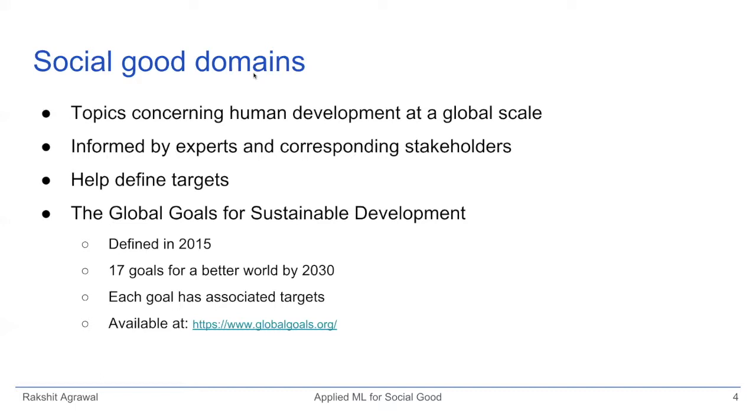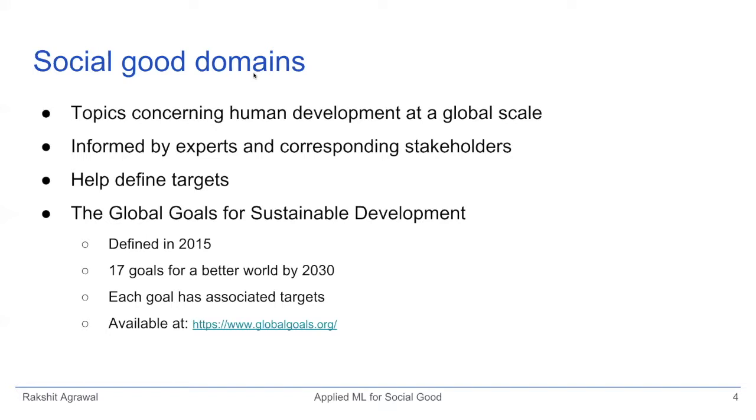Now, social good domains, as I said, there's a wide and open space across several domains, and it's not really easy to just identify a problem which you can claim to be a very important problem. Maybe at times we can understand that, yes, as we were discussing last time, misinformation is a problem that we understand because we observe it in our real lives, and we are at the receiving end of it, and we also are at an end where, being in computer science, we can figure out certain solutions directly, right?